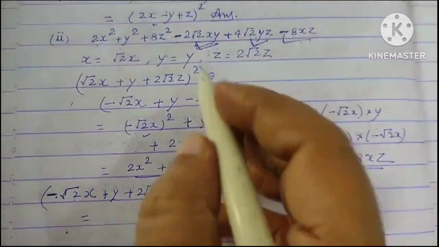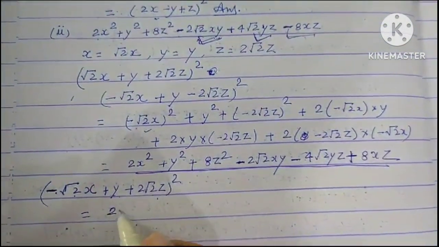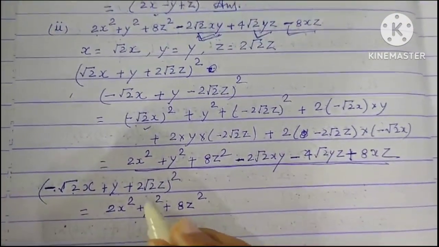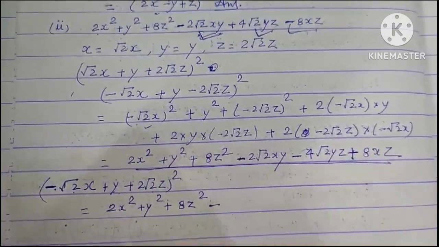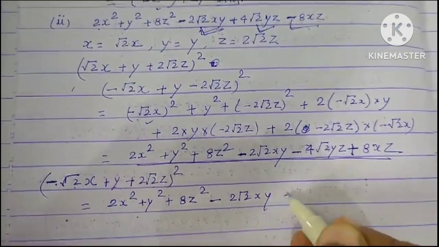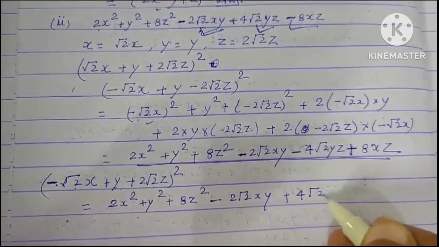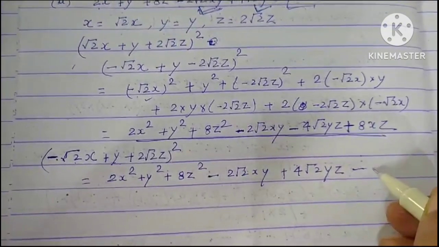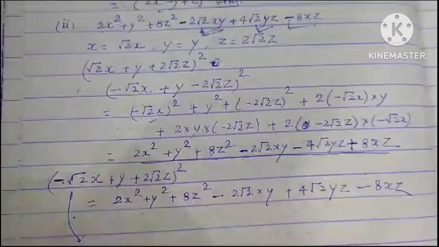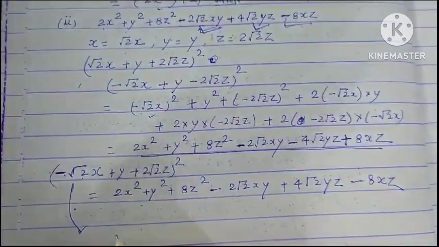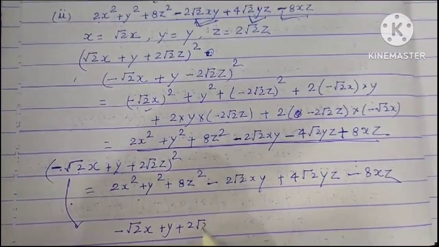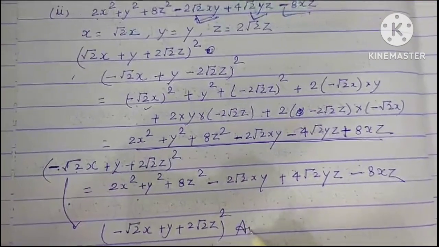Now it will come out exactly like this: 2x square plus y square plus 8z square minus 2 root 2xy plus 4 root 2yz and minus 8xz. So this will be our answer. The factorization of this will be minus root 2x plus y plus 2 root 2z whole square. This will be our answer.